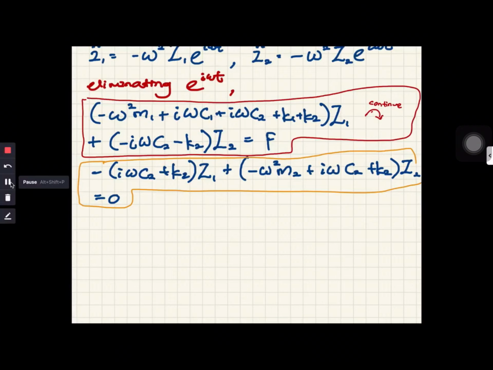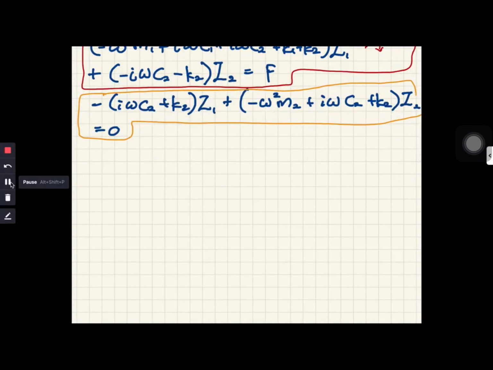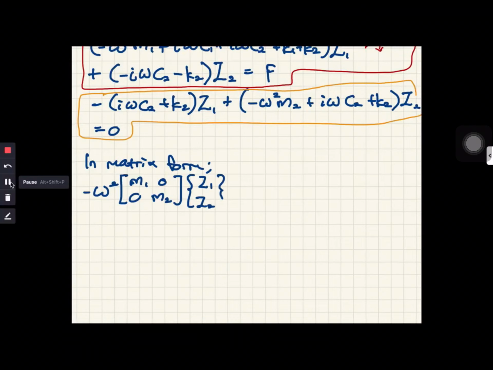Okay, and we can represent this in matrix form. So in matrix form, we will have negative omega squared times the matrix m1, 0, 0, m2 times z1 and z2, plus i omega times the matrix c1 plus c2, negative c2.